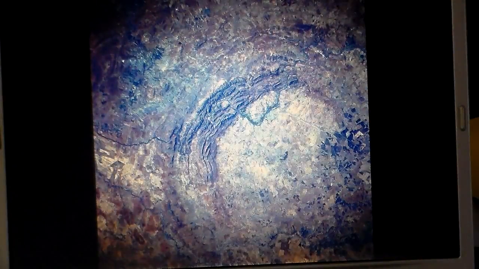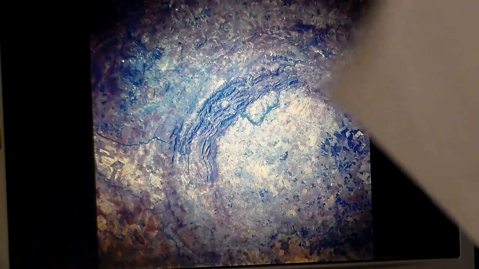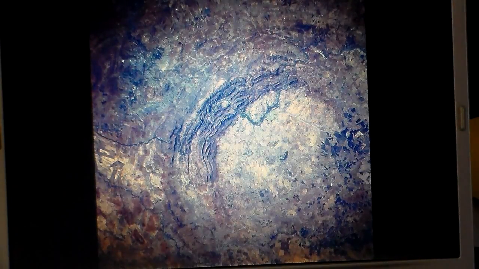Now, this is a Vredefort South African crater. Sudbury is 190 miles in diameter, which is larger than Chicxulub, but it's dated as Precambrian. Now, we know as creationists that Precambrian never existed. This was during the flood, or the first part of the flood.